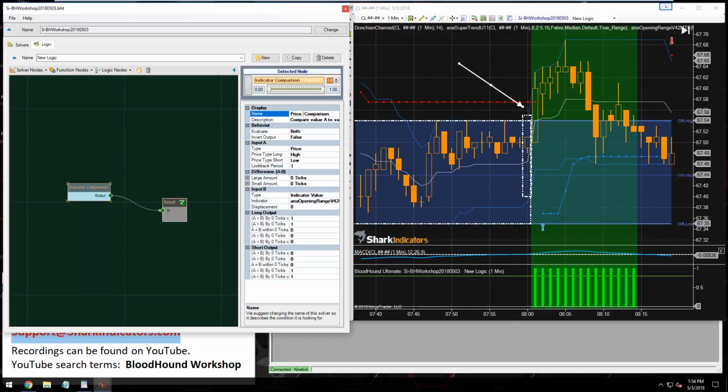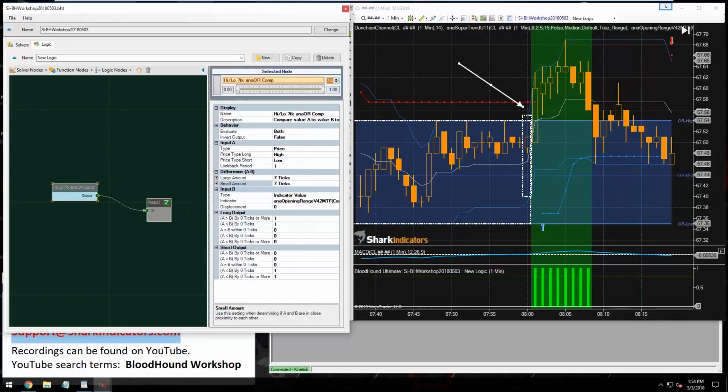So let's say I'm going to detect when the high or the low price gets within 7 ticks of the anaOpenRange. All right, let's set this to 7 ticks. We're going to set both of them to 7 ticks.